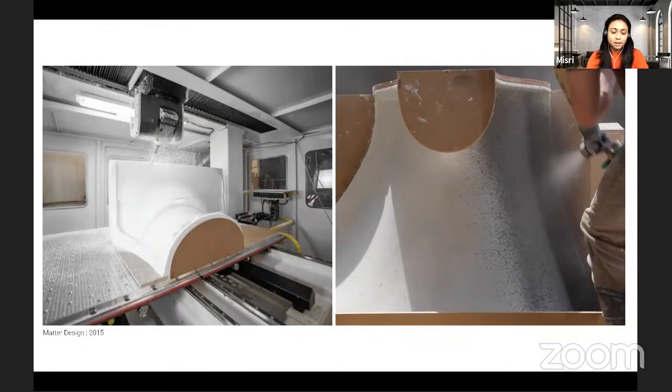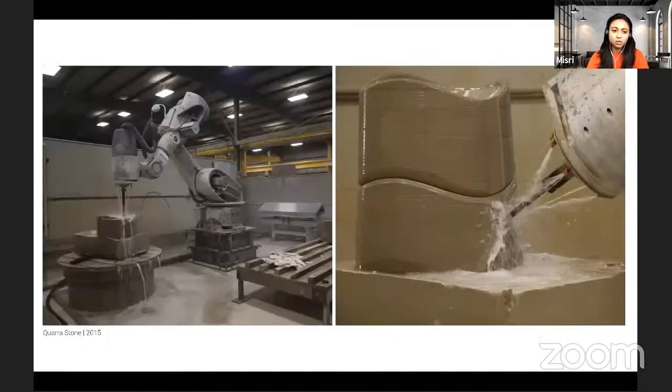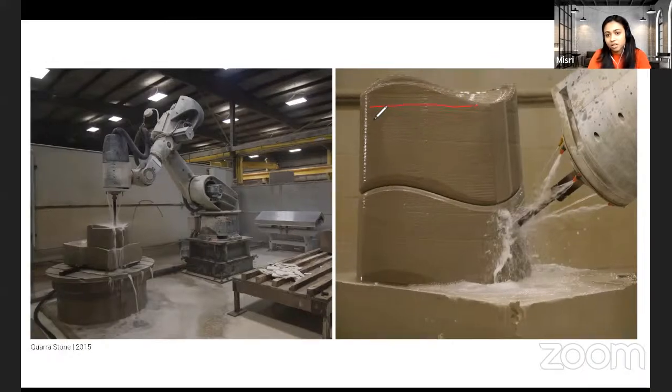We'll run through a few examples, but also the fact that when you're dealing with something like stone or marble, or even metals, when you're milling those, you have to be mindful of all the tool paths. So what you see here actually suggests where the robot was moving to take all the material out, which also becomes like a language in itself.